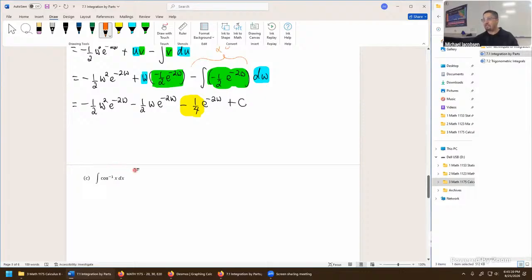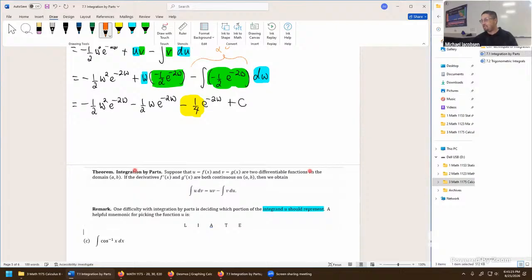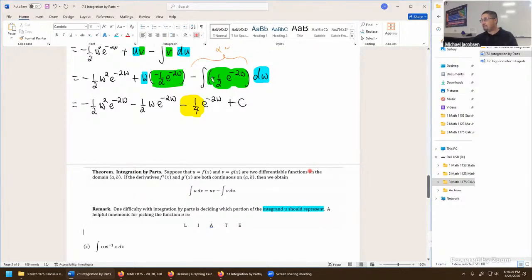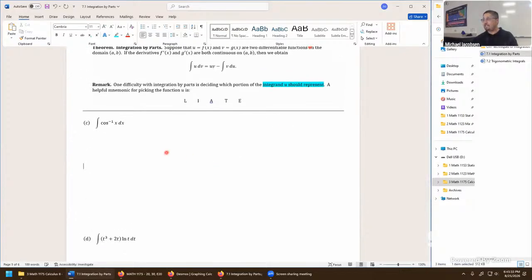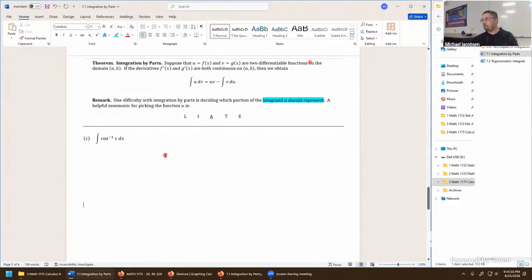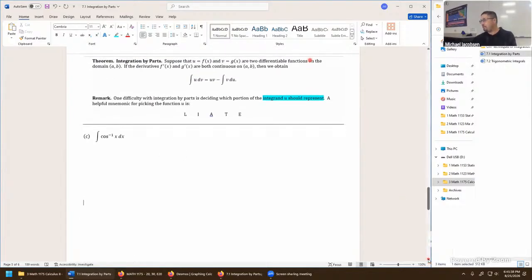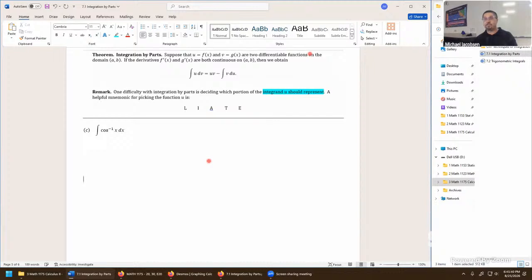Antiderivative of cosine inverse on its own is an integration by parts problem, and that's a really surprising statement because it really doesn't look like it to me. It doesn't seem to fit the spirit of the process, but it is. Integration by parts is the only way I know to get the antiderivative of cosine inverse.